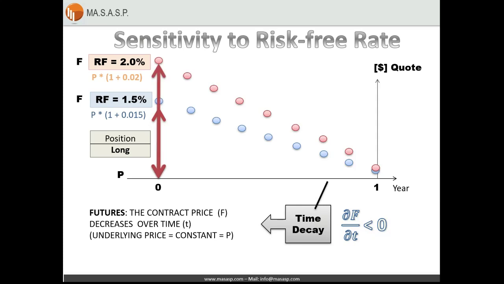This price decreases as time goes by at a faster pace than in the previous case, when the interest rate was just 1.5%. And the overall time decay from inception to maturity is bigger with a 2% interest rate.